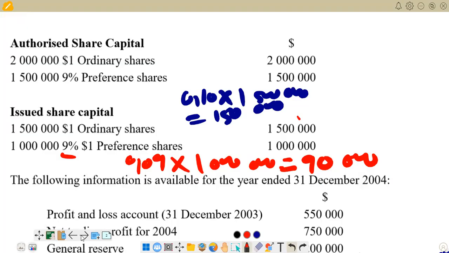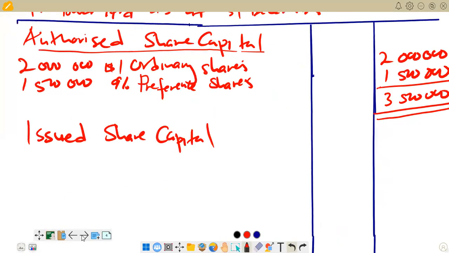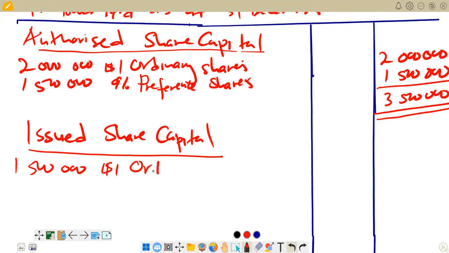So we can go and summarize that one. This is what we have in terms of issued share capital: 1,500,000 $1 ordinary shares. It's 1,500,000. Obviously, we're going to put it again in this column.